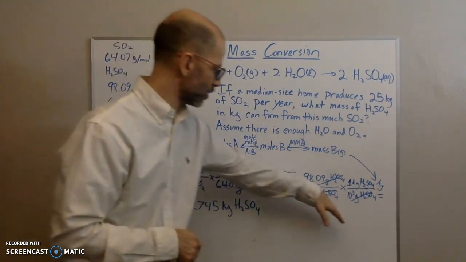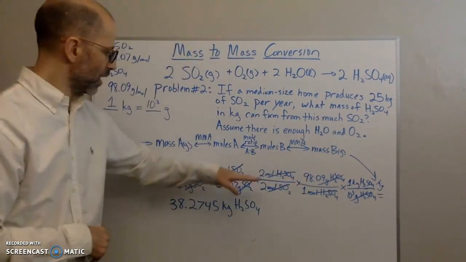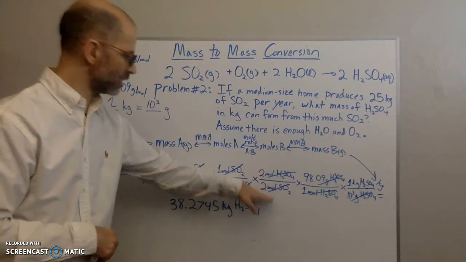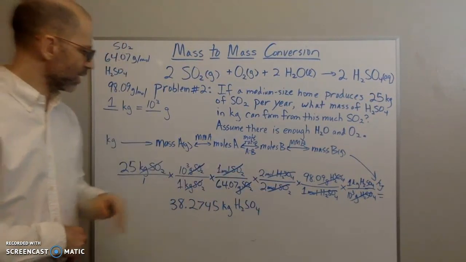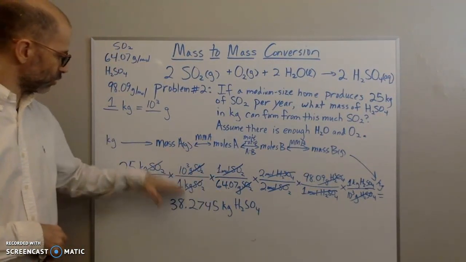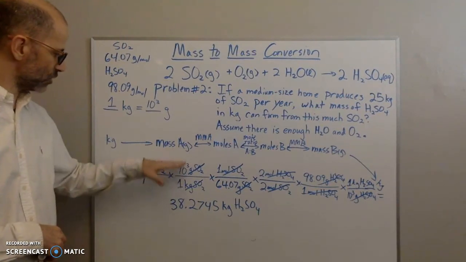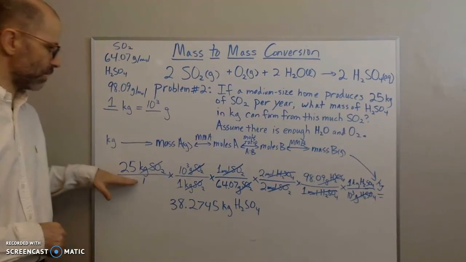So that's exact. We ignore that for sig figs. This is molar mass, that's a measure. This is our mole ratio, that's going to be exact because those are not measures, they're exact numbers. Molar mass is a measure, so we got to look at that. Again, kilograms to grams, that's going to be exact, so we're going to ignore that. And then this is what they gave me, so that's a measure.